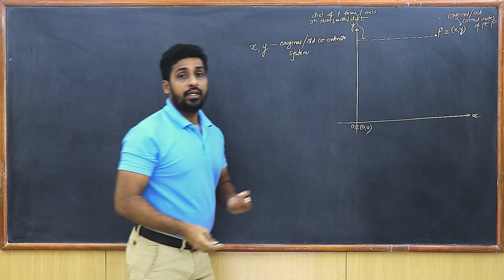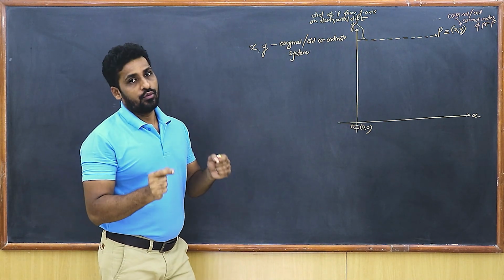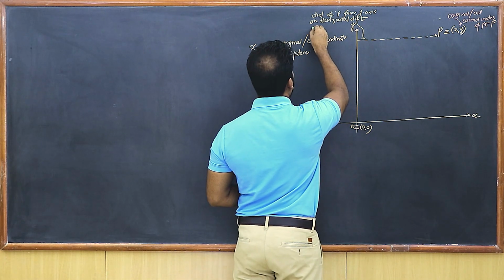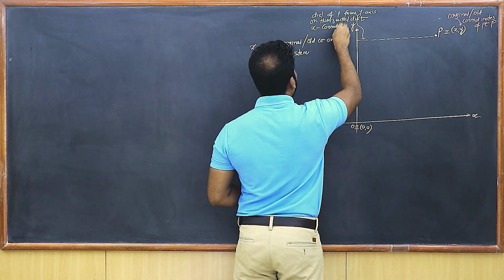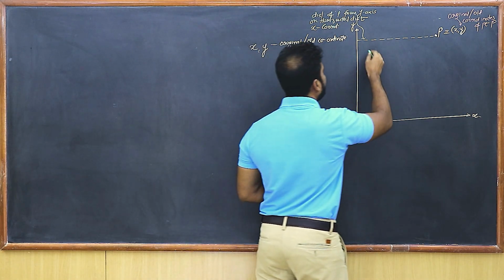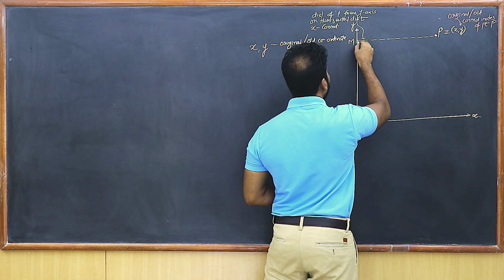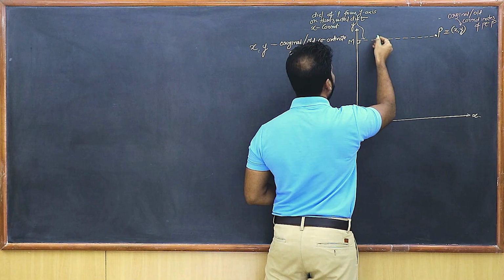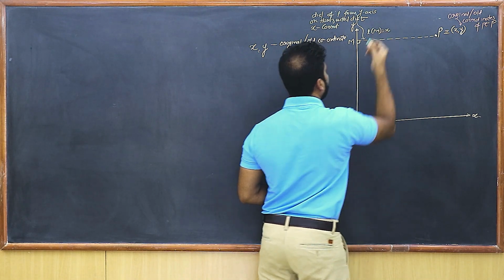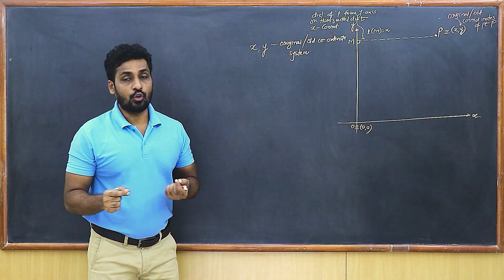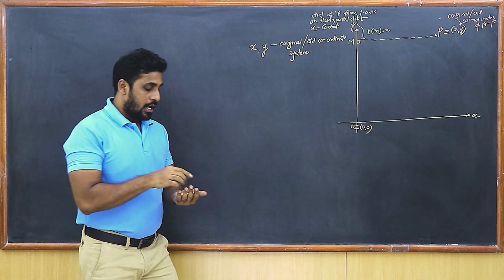This is going to be the x coordinate of the point P. So this is the x coordinate. So I'm going to call this, say, PM. This is a perpendicular PM. So the length of PM is x. Getting or not, the length of PM is going to be x. This is the x coordinate.